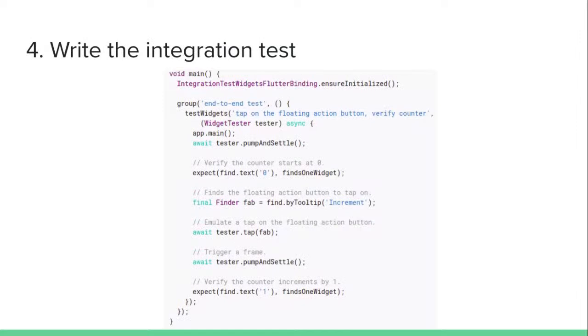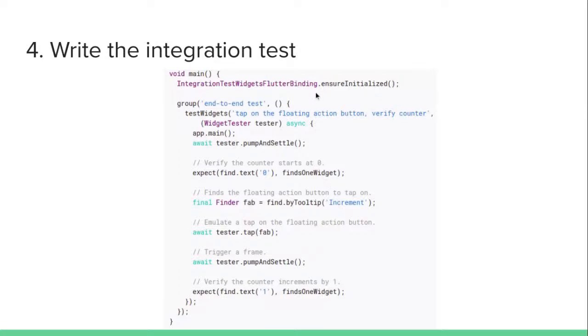Next, you can write the integration test. If you focus on this snippet of code, you find inside the main function, we initialized the integration test widgets Flutter binding, and this is a singleton service that executes tests on a physical device.